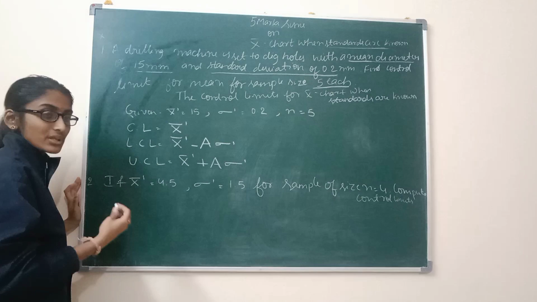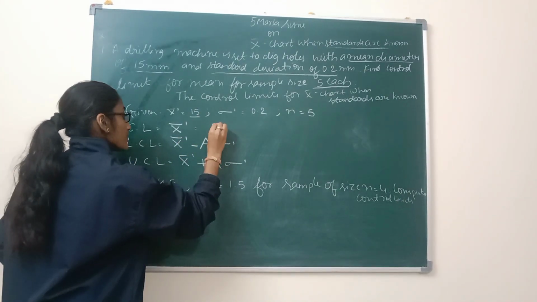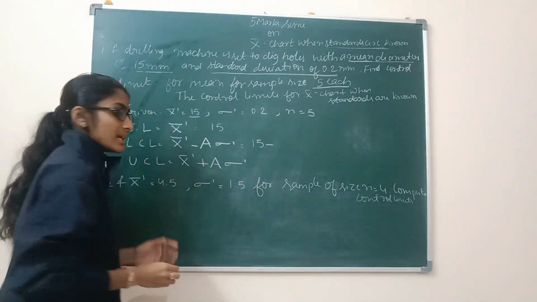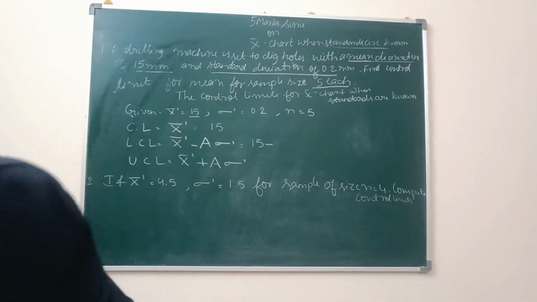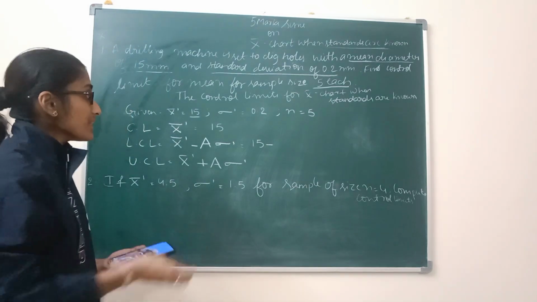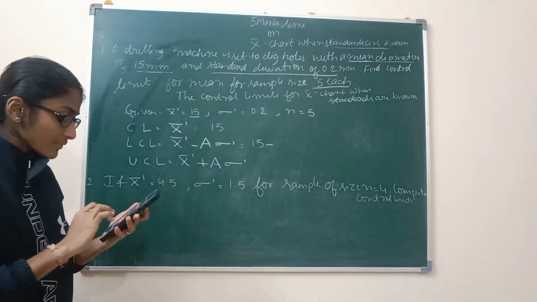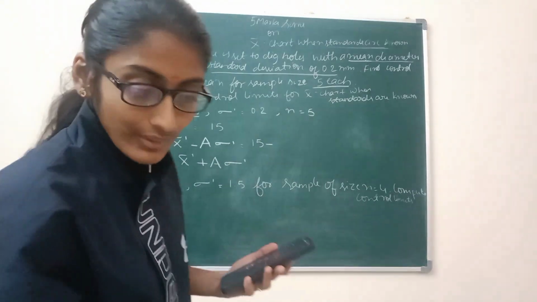Now let us substitute the values. We have X bar dash value as 15, so 15 minus A. Now we are supposed to check the A values. When n is equal to 5 we have one value, and when n is equal to 4 we have a different value.